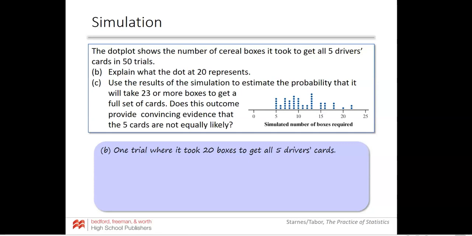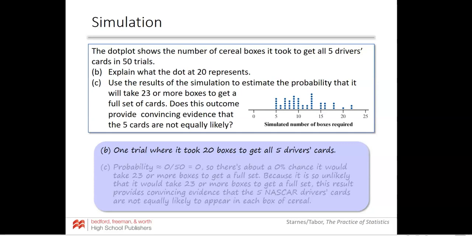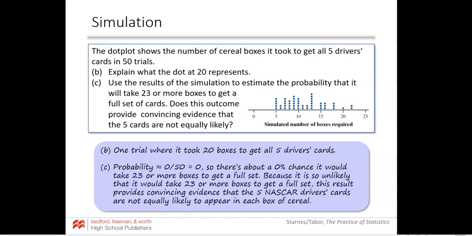So there's how many trials? There's 50 different trials here. 0 out of 50 times you had the chance of doing that. So 0 out of 50 is a 0% chance that it would take 23 or more boxes.